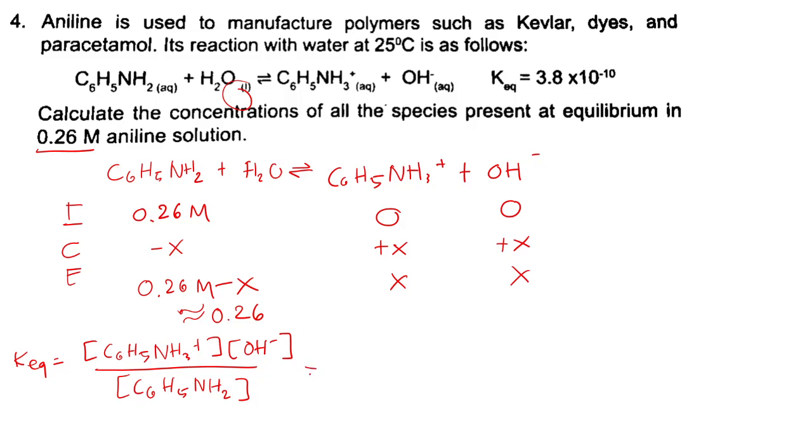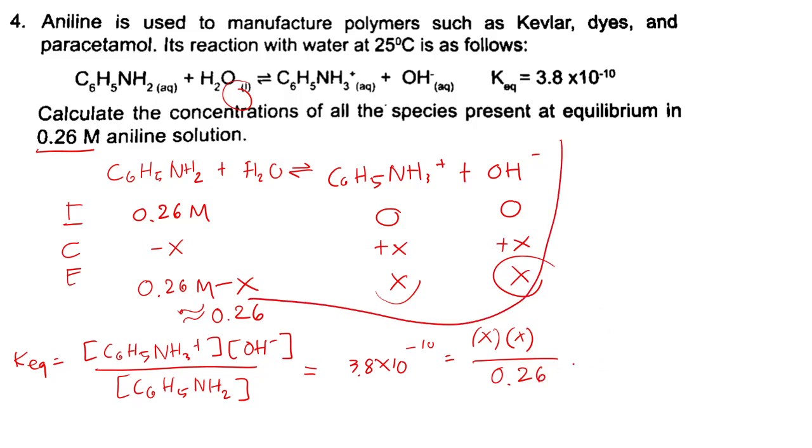Now, we are going to substitute what we have here. So we have KEQ, that's equal to 3.8 times 10 to the power of negative 10. So here the concentration of the products, of course we have X and then X, so we have X times X over the concentration of our reactant, which is about 0.26.